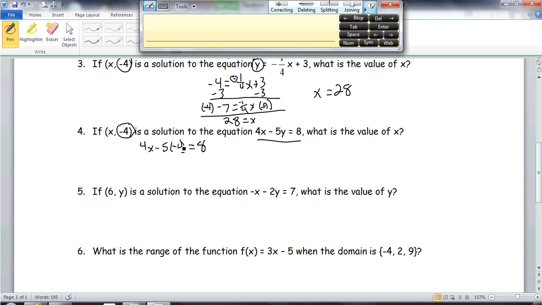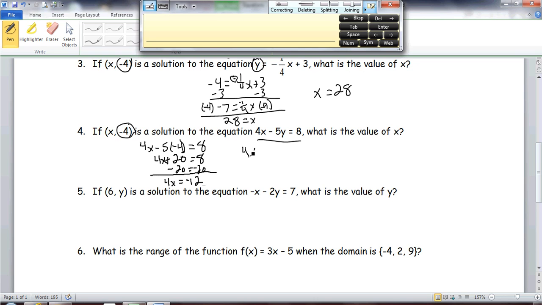So here I do negative 5 times negative 4 gives me a positive 20. So I'm going to subtract my 20. End up with 4x equals negative 12.